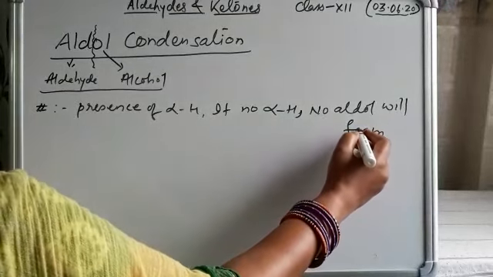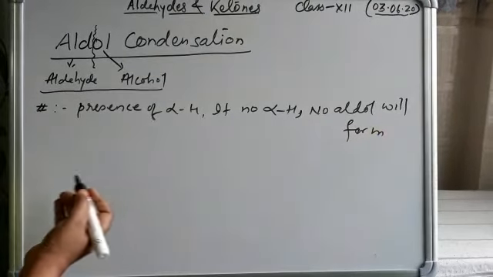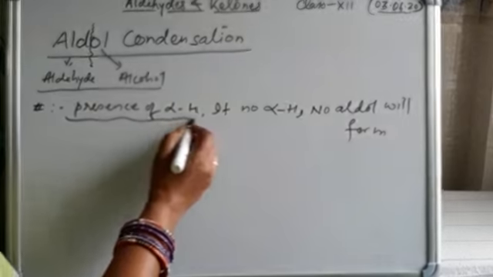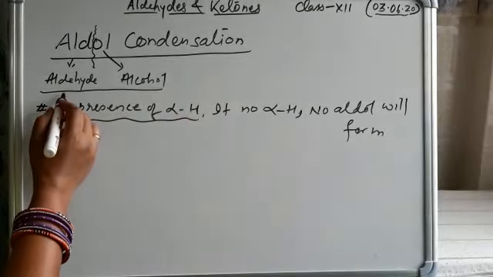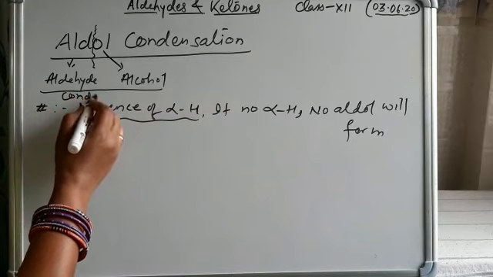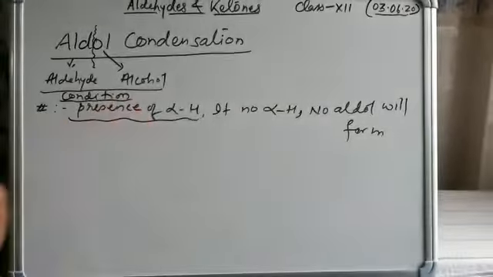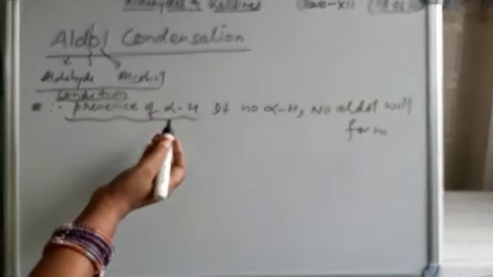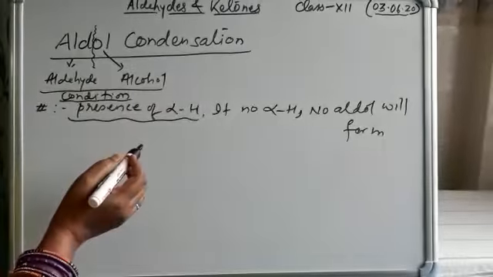What is the first condition? Those aldehydes or ketones in which the presence of alpha hydrogen is necessary. This is the condition. For compounds which have alpha hydrogen, they will form aldol.